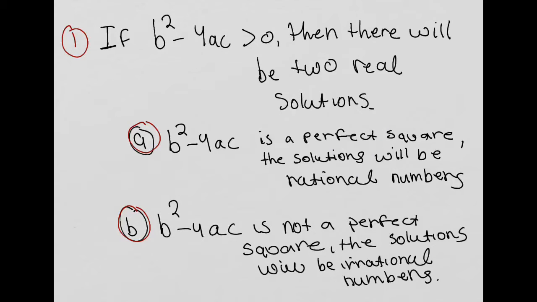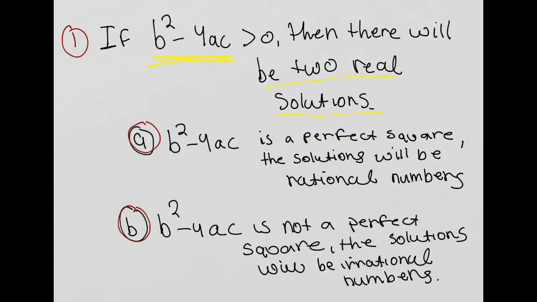If b squared minus 4ac, meaning the number you receive after you simplify this expression, is greater than 0, that means you will have two real solutions. Within that, what are the two real solutions?